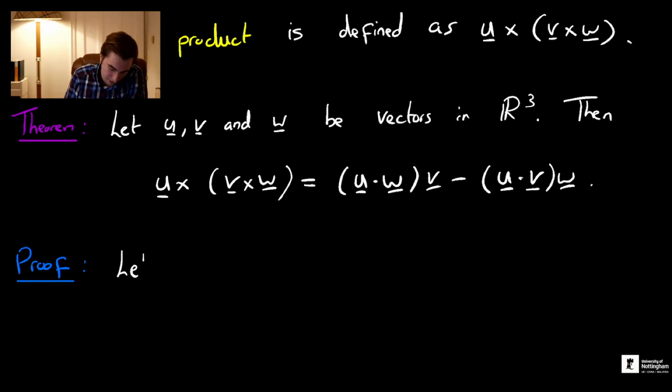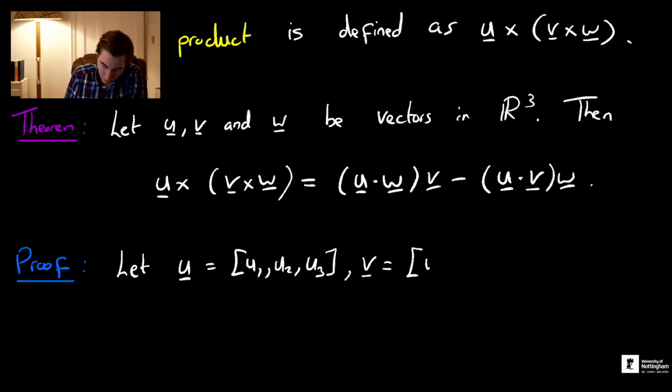So we define u to be u1, u2, and u3, v to be v1, v2, and v3, and as you might expect, we let w equal w1, w2, and w3.